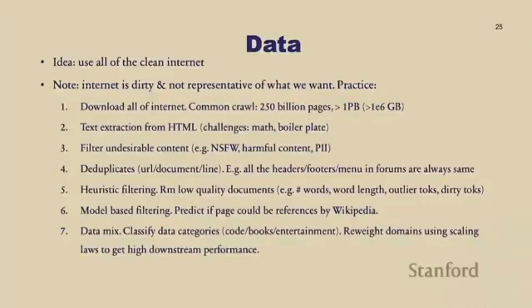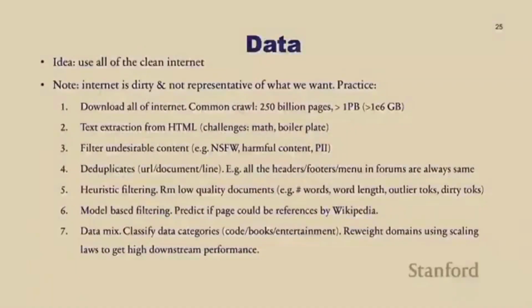Next one, you will try to classify your data into different domains. You will say, okay, this is entertainment, this is books, this is code, these types of domains. And then you will try to either up or down weight some of the domains. For example, you might see that if you train more on code, your model becomes better on reasoning. That's something that people usually say in a very hand-wavy way: if you train your model more on code, it helps reasoning.